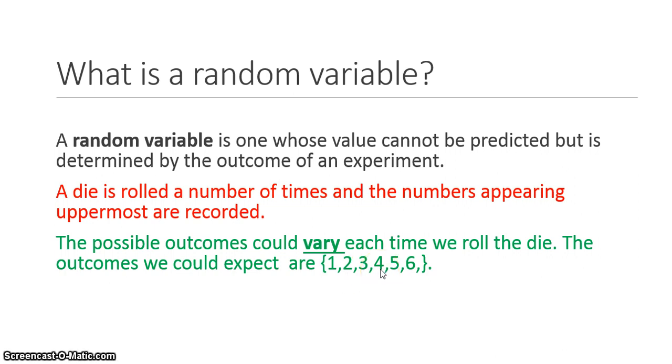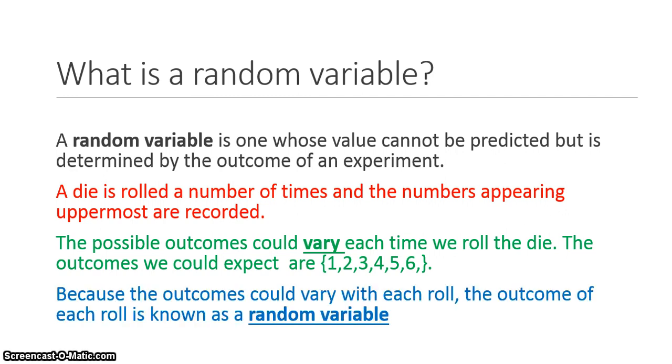On our third roll, we might get a 6. On our fourth roll, we might get a 2 again. So each time we roll the die, we get a variable, a value which could vary with each roll. Because the outcomes could vary with each roll, the outcome of each roll is known as a random variable.